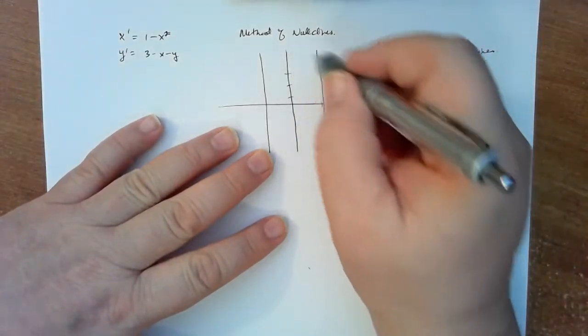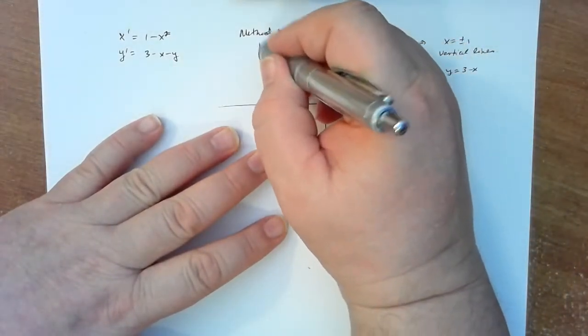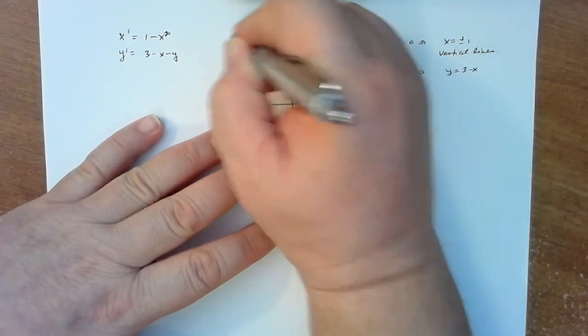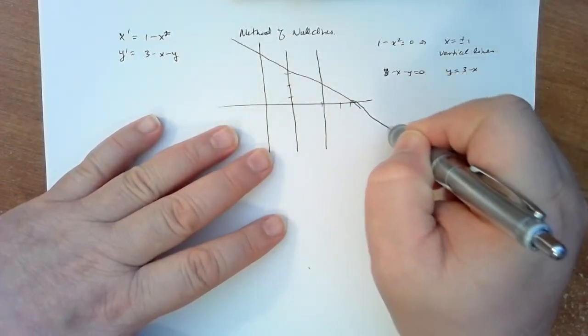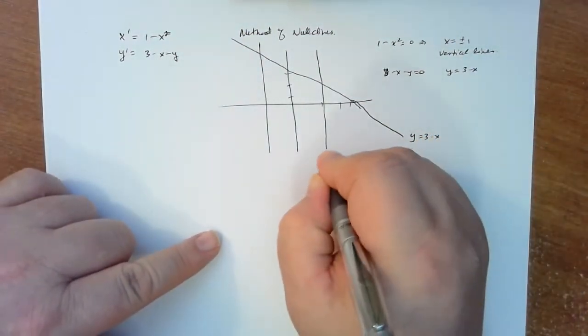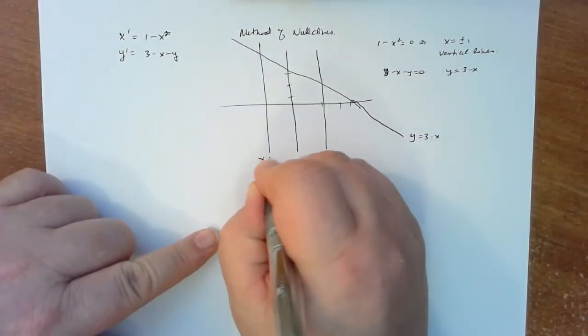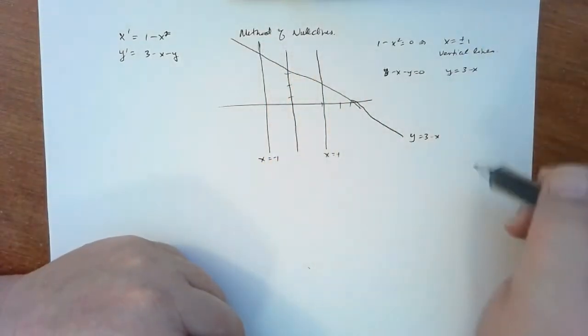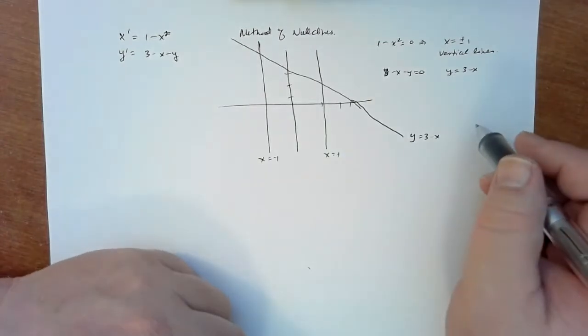Let's see if I can draw that decently now. Last time I didn't draw it very well. Okay, that's pretty good. So this is our y equals 3 minus x, x equals 1, x equals minus 1. Good. Now where are the equilibrium solutions?